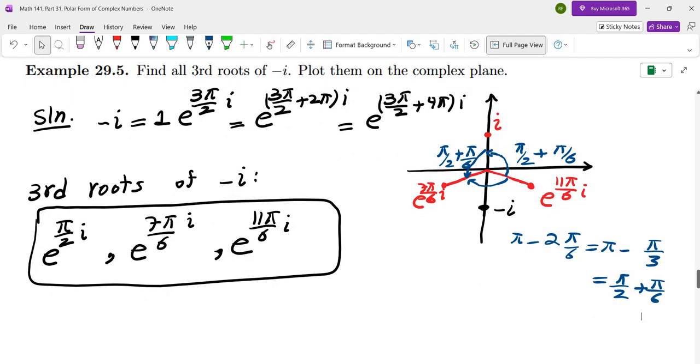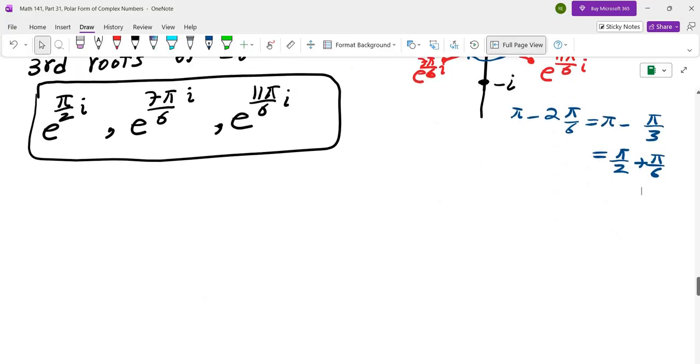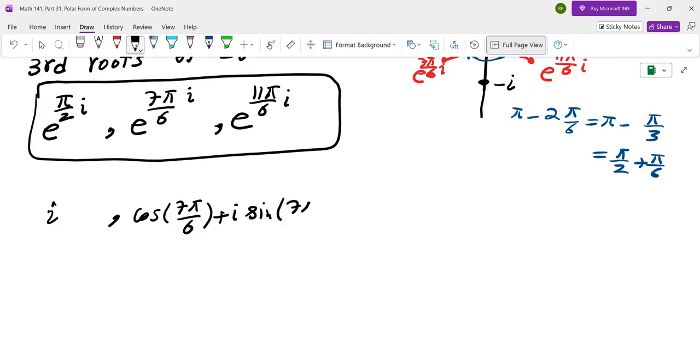Now, if you want to write them down in standard form, you would have to write down the first one as i. The second one is cosine of 7 pi over 6 plus i sine of 7 pi over 6. And the third one is cosine of 11 pi over 6 plus i sine of 11 pi over 6.